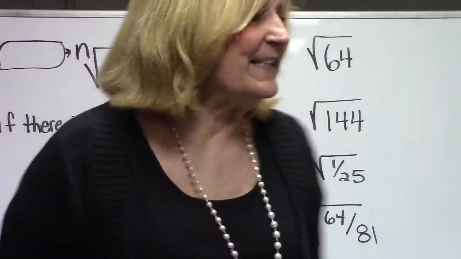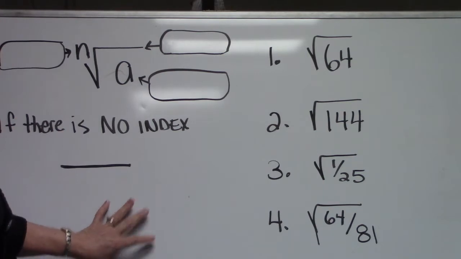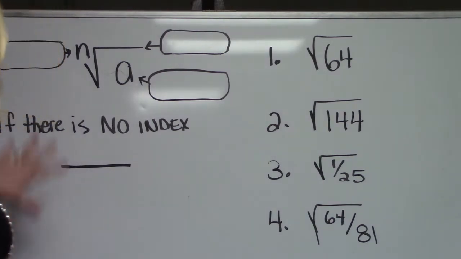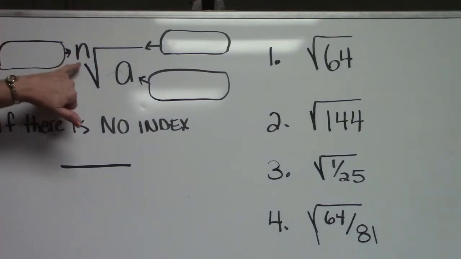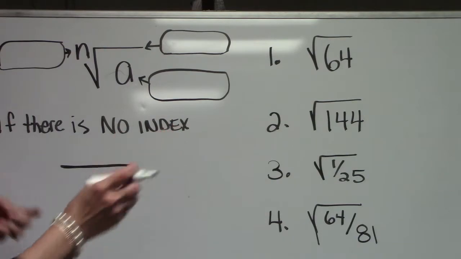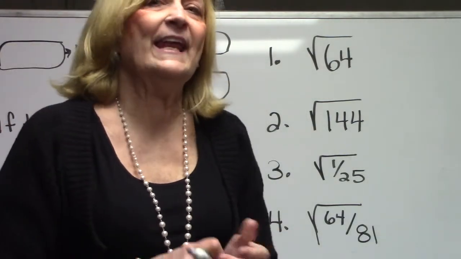Okay, let's get started today with simplifying radicals. So here we have our example, a to the nth power. This will be in your notes, so if you don't get it right now, you can get it as you go on.